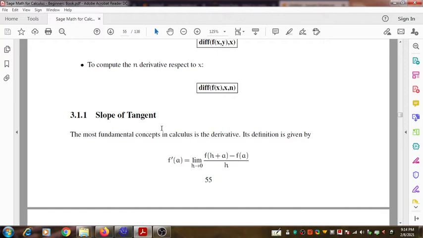This is the basic idea behind the determination of the derivative of a given function, and the same method we will use to solve some problems that you are going to see in our discussion.